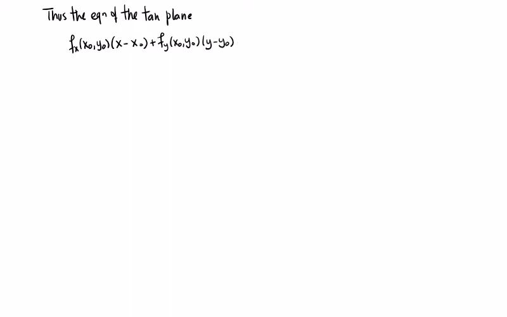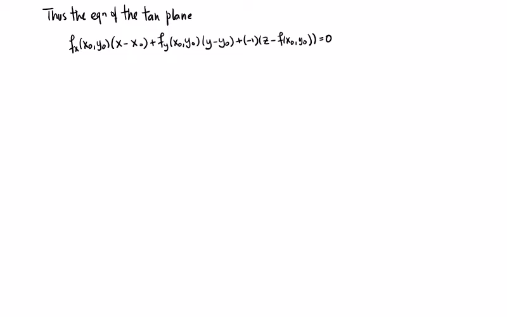And then we had minus 1. Well, I'll put plus minus 1. And then z minus z0, but z0 was our f of x0, y0. This is all equal to 0.